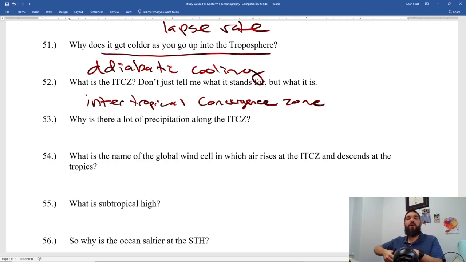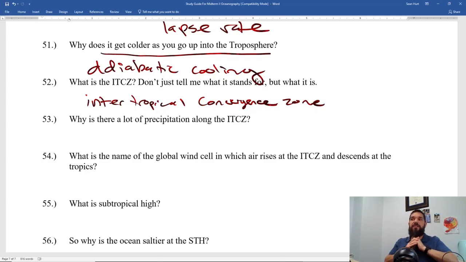It's an area in the tropics, on average around the equator, where the air is going up, okay? So air is converging together and going up like this. And as it goes up, it, of course, depressurizes, cools adiabatically, reaches the dew point, condenses, and forms precipitation.